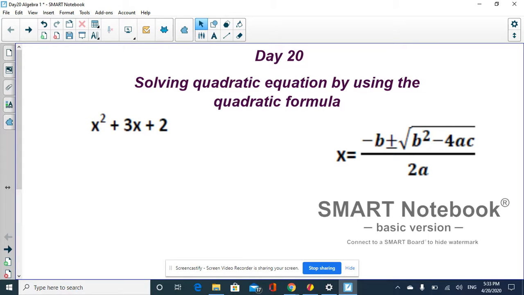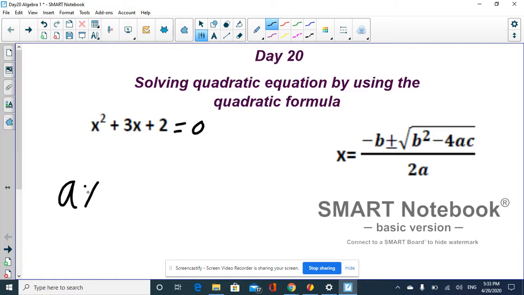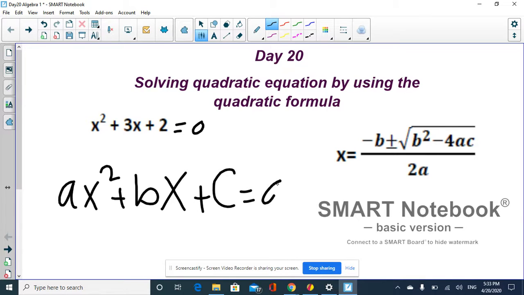In this quadratic equation, x squared plus 3x plus 2, we want to solve this. This should be equal to 0. The general form is ax squared plus bx plus c equals 0.